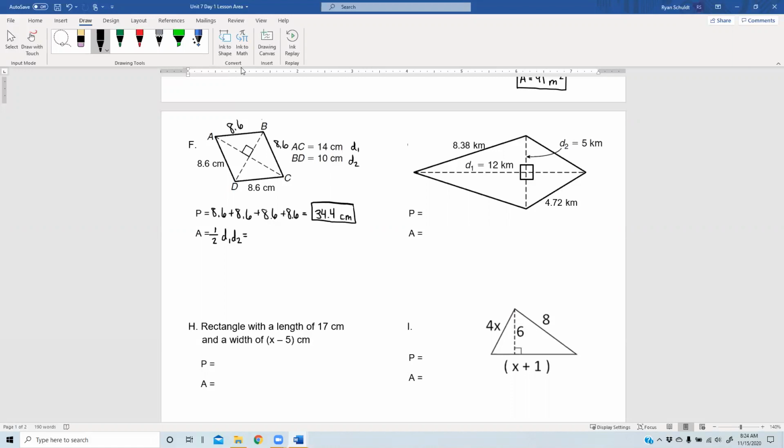Luckily, I don't have to find them. So we're going to say 1/2 of 14 times 10 and see what that gives us. Let's see, 1/2 of 14 is 7. 7 times 10 is 70 centimeters. Now this is area, so it's 70 centimeters squared.